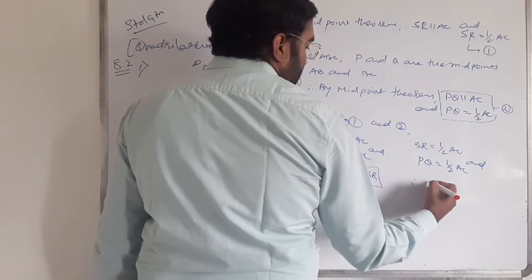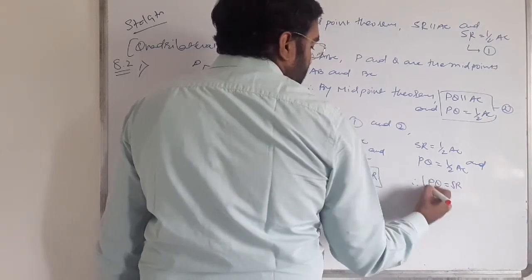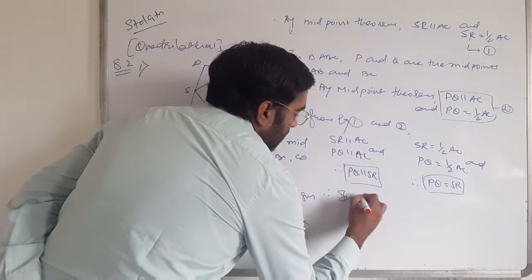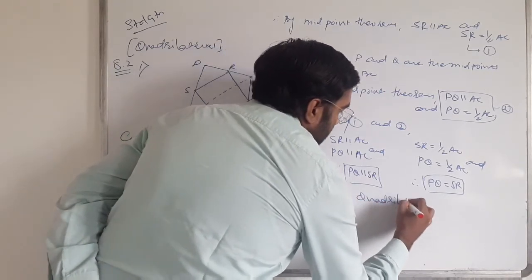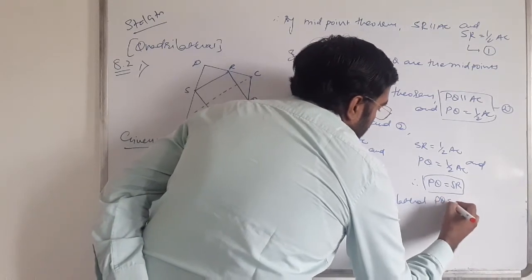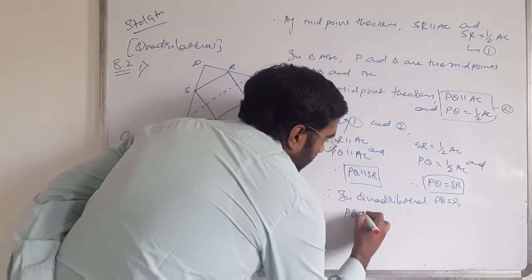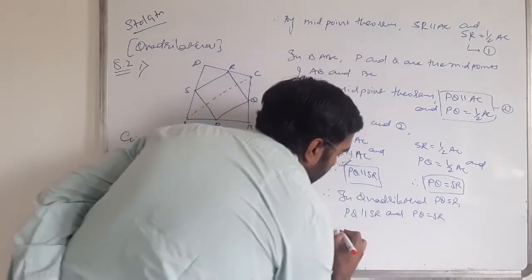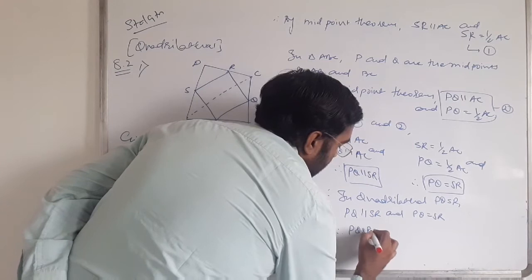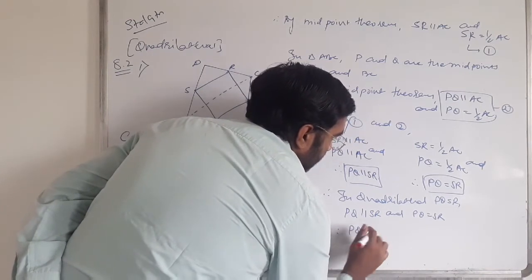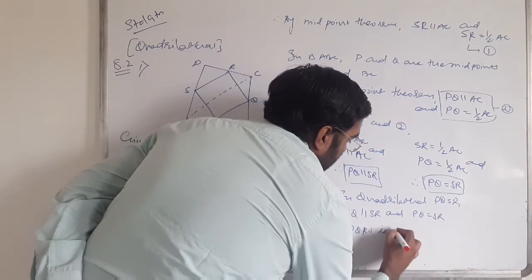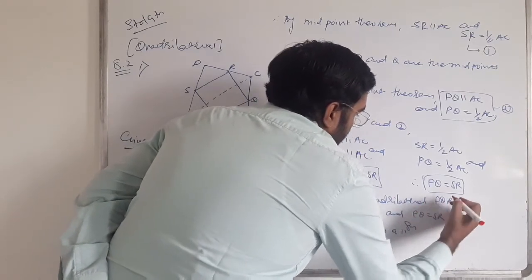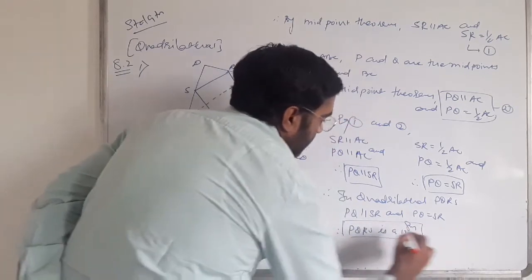Therefore we have to write that PQ is equal to SR. Okay, therefore in quadrilateral PQRS, PQ is parallel to SR and PQ is equal to SR. Therefore PQRS is a parallelogram. Hence proved.